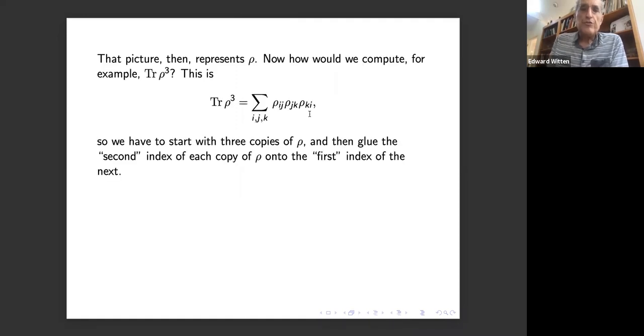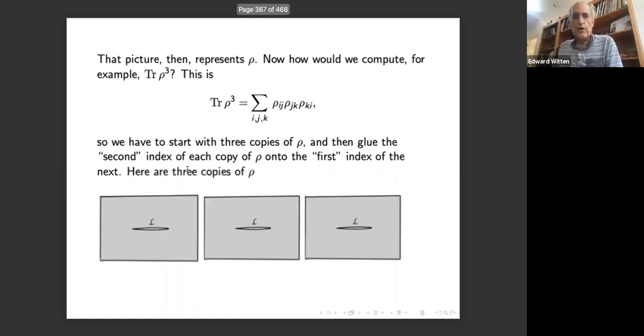That picture represents the density matrix. Now, how would we compute, for example, the trace of rho cubed? Well, you can write it as a sum over matrix elements. The important thing is that the second index of each factor of rho is equal to the first index of the next one, going around in a loop to get a trace. So we start with 3 copies of rho and then set the second index of one copy equal to the first index of the other.